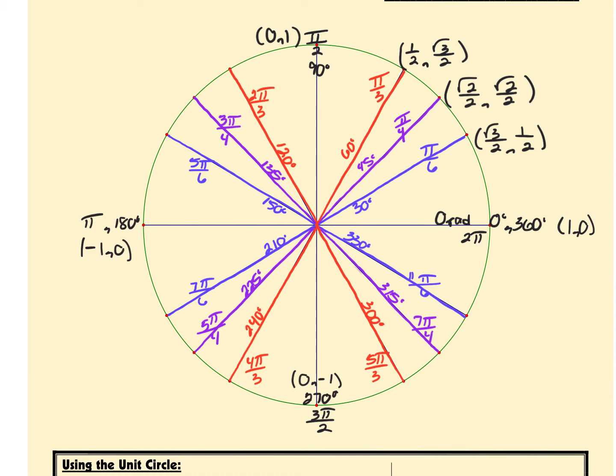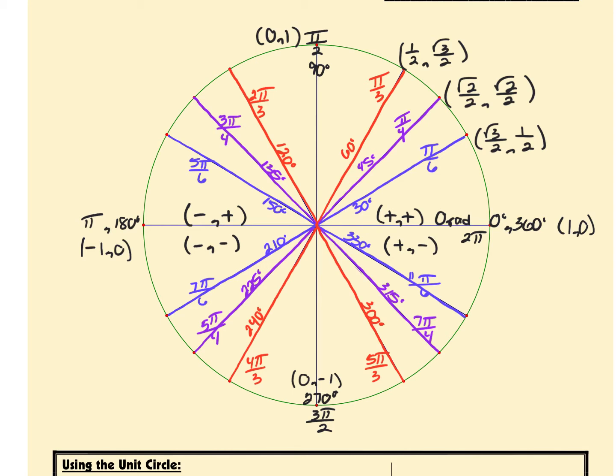What we instead want to understand is that in the first quadrant, both coordinates are positive. When we get into the second quadrant, the x coordinate is going to become negative and the y coordinate is going to stay positive. In the third quadrant, they will both become negative. And in the fourth quadrant, we'll have a positive and a negative.